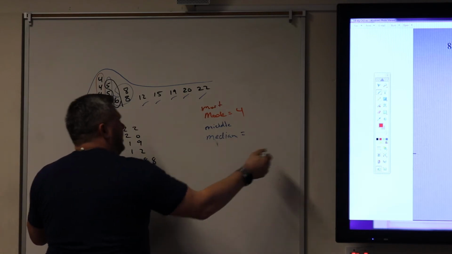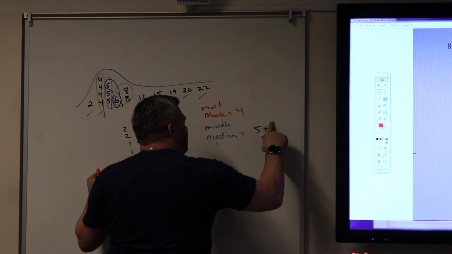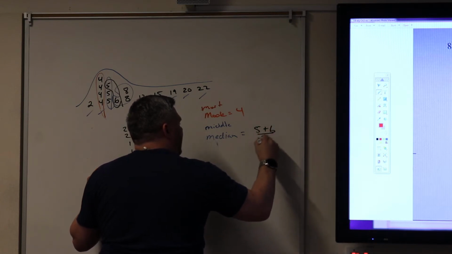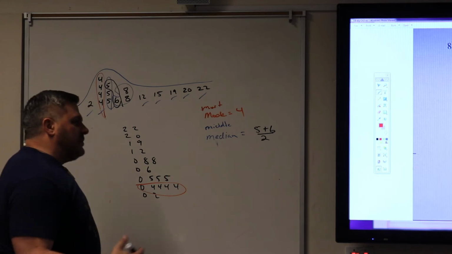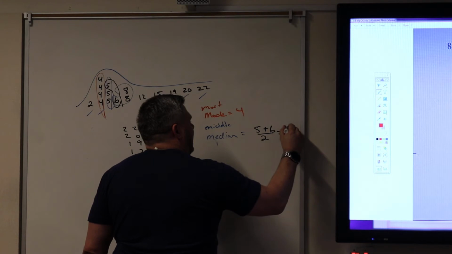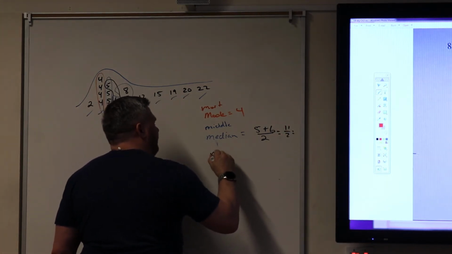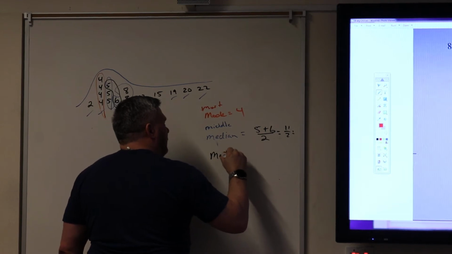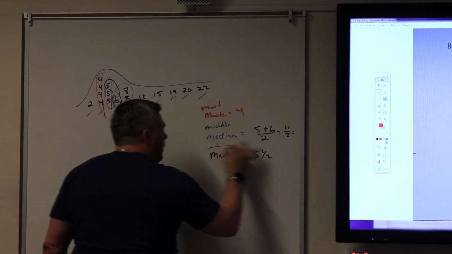So it's actually going to equal the difference between 5 and 6. So you can't have 2 numbers. So we find the mean of those 2 numbers. And the mean is basically adding the 2 numbers up and dividing by 2. And you get the median is equal to 5.5. Alright?